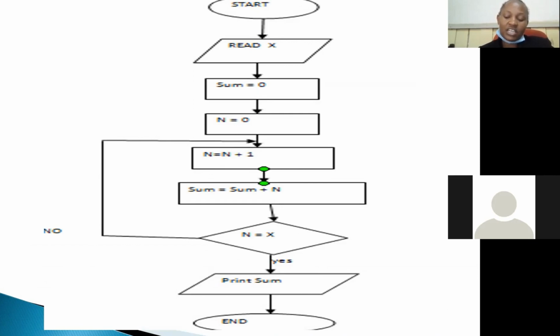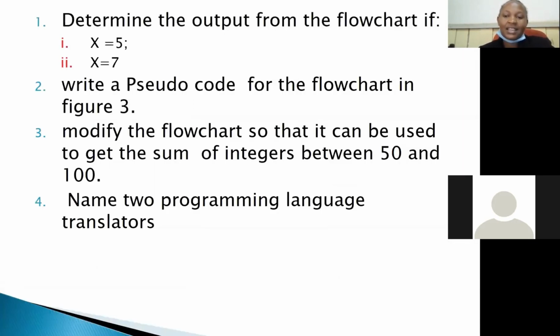And then we also change the condition, because we are writing a flowchart that can be used to get the sum of integers between. The word between means that it is 51 to 99. So the integers should be summed as 51, 52, all the way to 99.